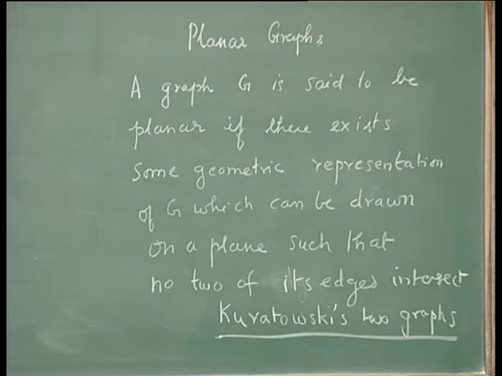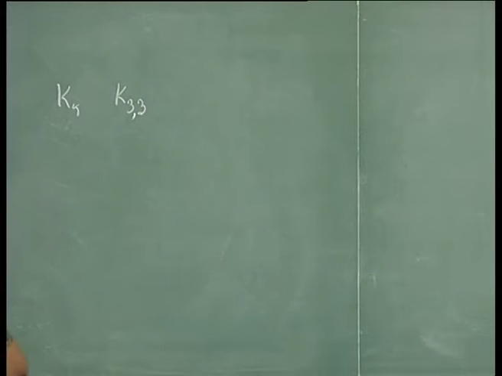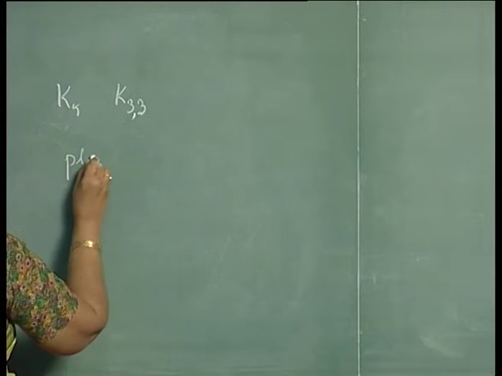Now, if a graph does not contain K5 or K33 as a subgraph or any graph homeomorphic to it, then it is planar.